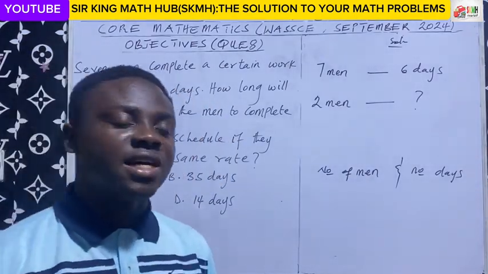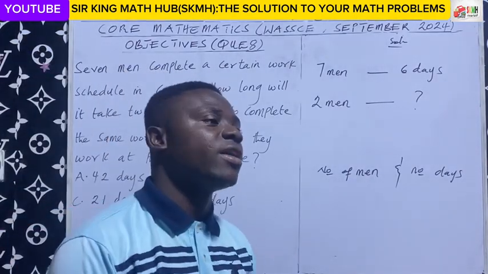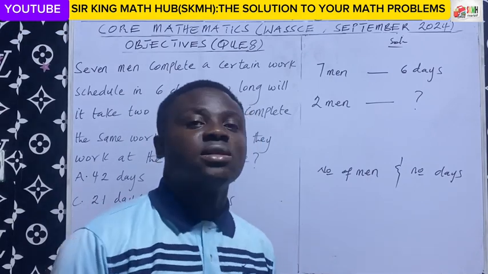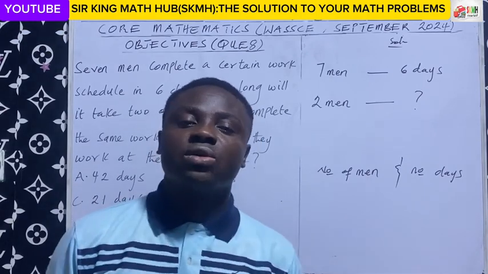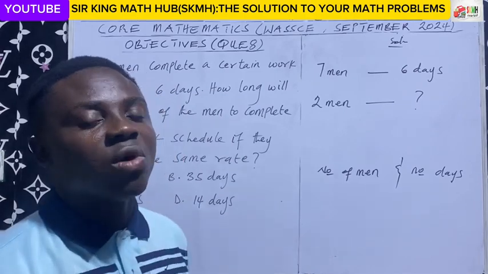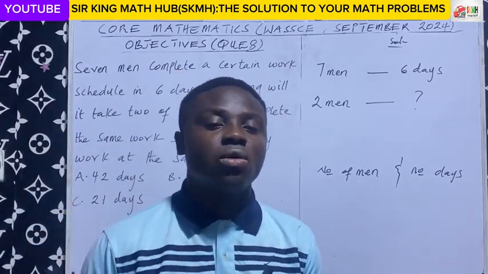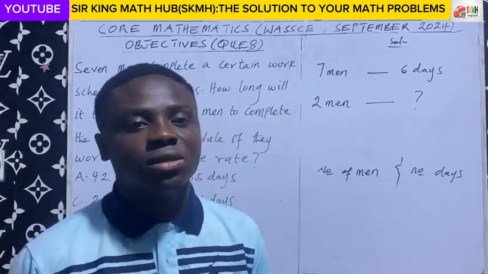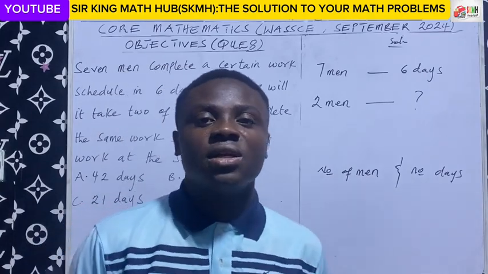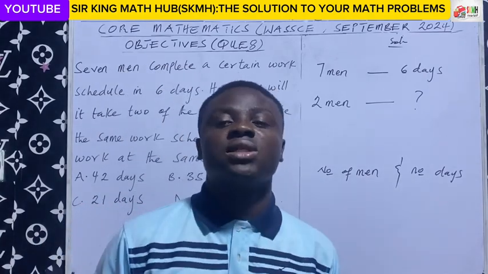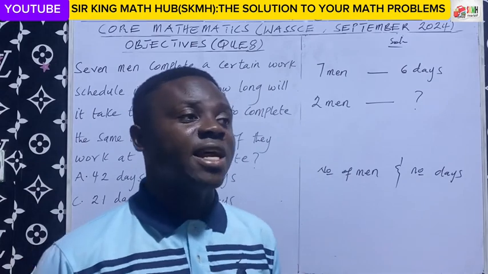So now, what is an indirect proportion? For an indirect proportion, it is a type of proportion whereby an increase in one quantity causes a corresponding decrease in the other quantity. Or on the other hand, a decrease in one quantity causes a corresponding increase in the other quantity.